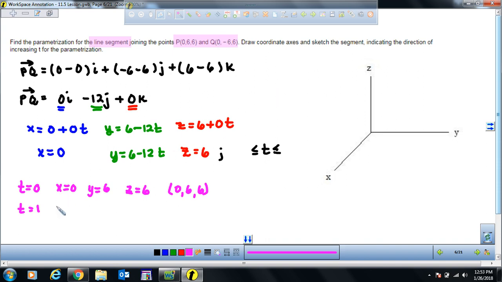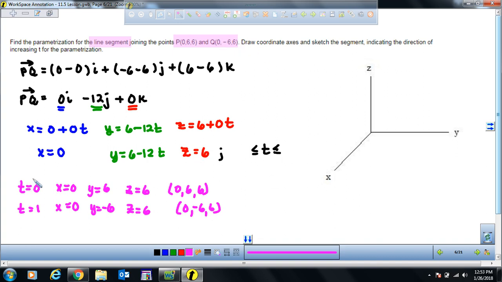So t equals 1. If I substitute t with 1, the first one is still 0. Then right here will be 6 minus 12, which is negative 6. And the last one, there is no t, so it will just be z equals 6. And what do you notice? We got the second point, (0, -6, 6).